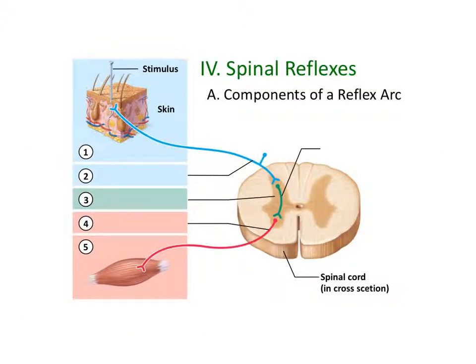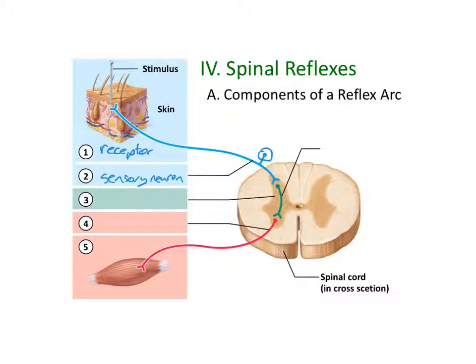The components of a reflex arc, when we're talking about a spinal cord, include the receptor, which is going to detect the stimulus, and the sensory neuron, which is also the afferent neuron that passes up through the dorsal root.